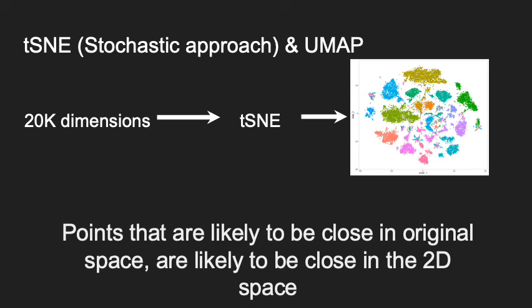The principle of t-SNE is that points that are likely to be close in the original higher dimensionality space are also likely to be close in the final lower dimensionality space. Another algorithm that is faster than t-SNE and also gives very good results is UMAP. I encourage you to try both of them, as dimensionality reduction is an important tool for machine learning.